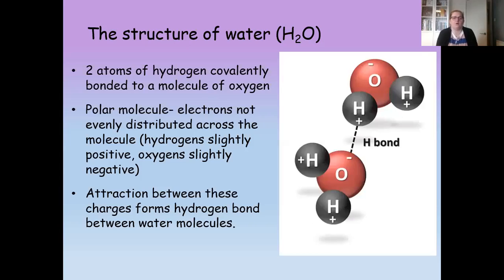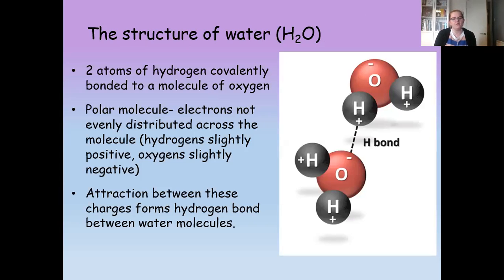Water is made up of two atoms of hydrogen, and those two atoms of hydrogen are covalently bonded to a molecule of oxygen. You should remember from GCSE chemistry, covalent bonding is the sharing of electrons between the two atoms. So it is a polar molecule, and polar molecules are basically when electrons are not evenly distributed across the molecule.